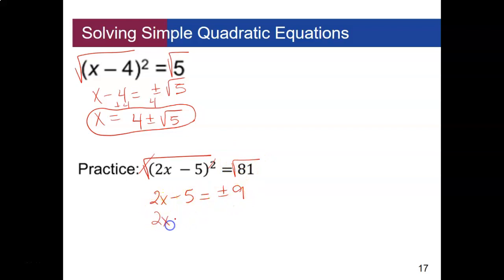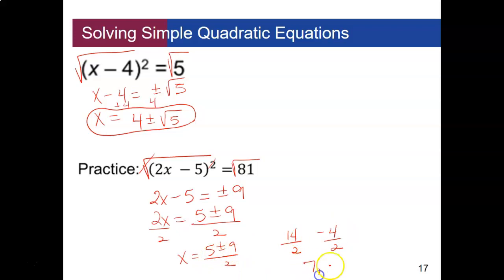So I'll have 2x equals 5 plus or minus 9, just moving the 5 over, and then divide by 2. So x is 5 plus or minus 9 over 2. I do not want you to leave it in this form because this could be simplified. So if I do 5 plus 9, that's going to be 14 over 2. And if I do 5 minus 9, that'll be negative 4 over 2. So we have 7 and negative 2 as our answers on that.